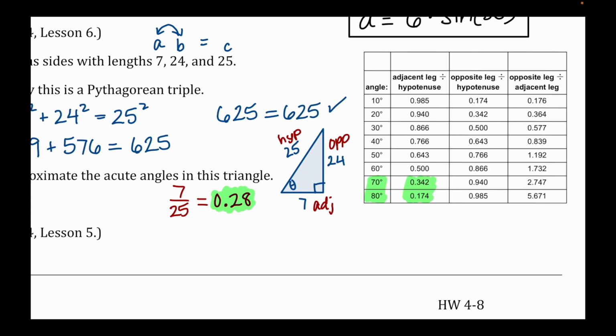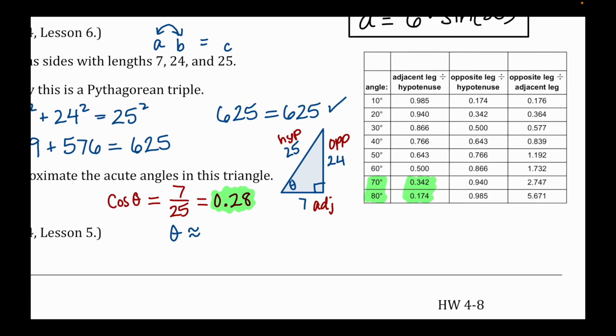I would maybe say this is like 74. So it's going to be pretty close, 73, 74. I'm going to say theta is approximately, well, actually, I should label this one here. 7 over 25 is the cosine of theta is equal to that, which is that.